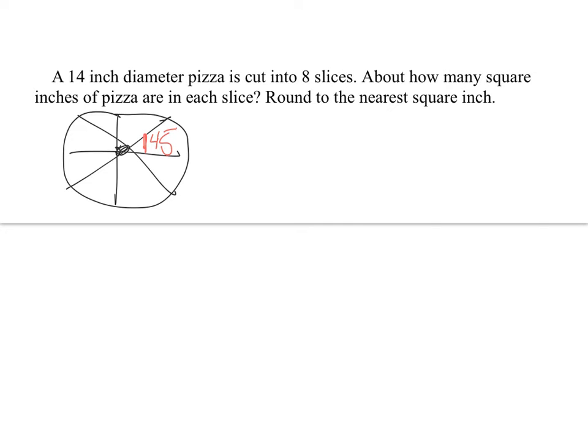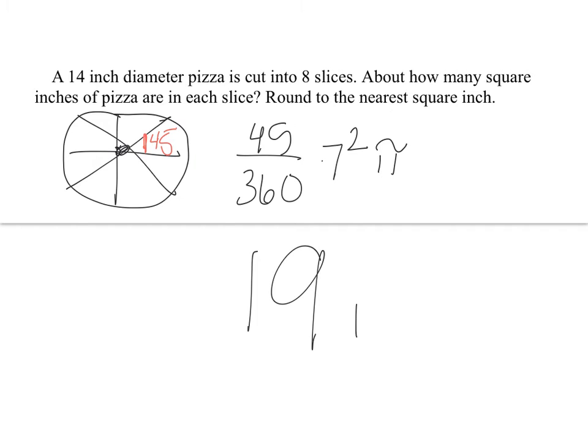I'm looking for area, so it's going to be 45 over 360 times, since my diameter is 14, that means my radius is 7, squared, times pi. If I plug that into my calculator, I get 19 inches squared, to the nearest square inch.